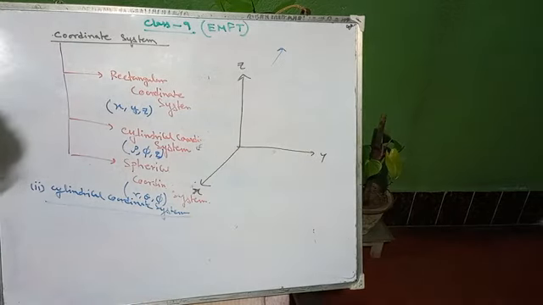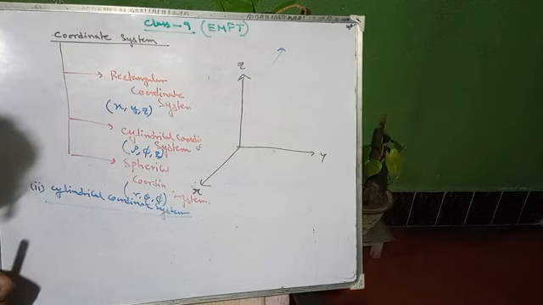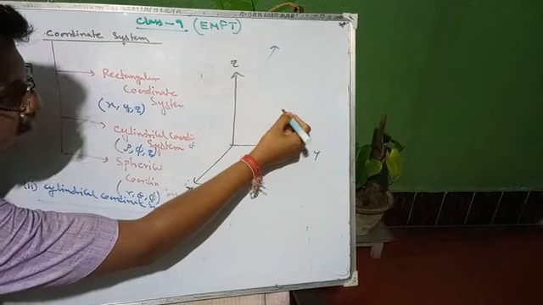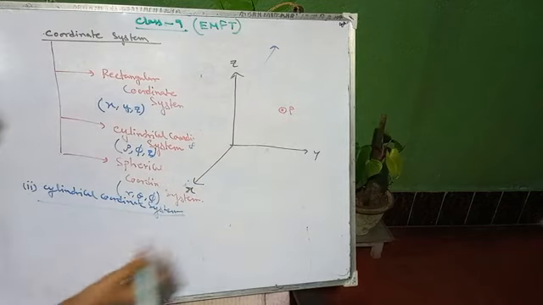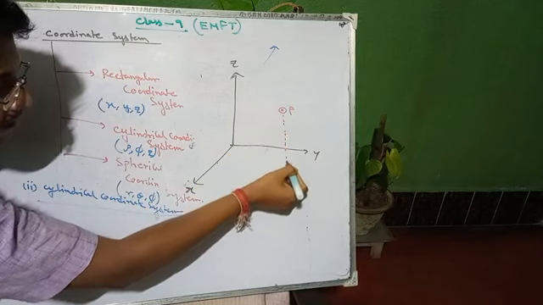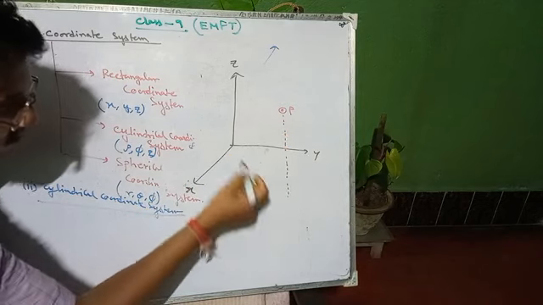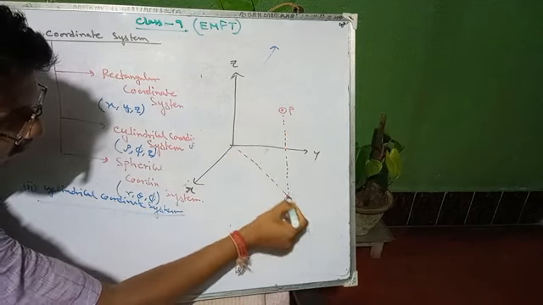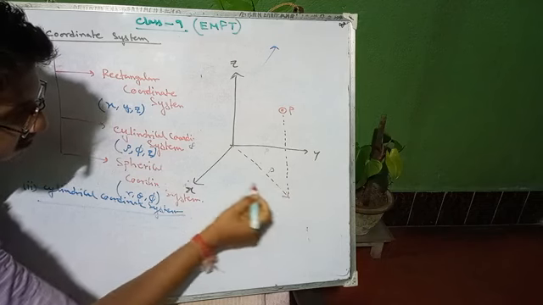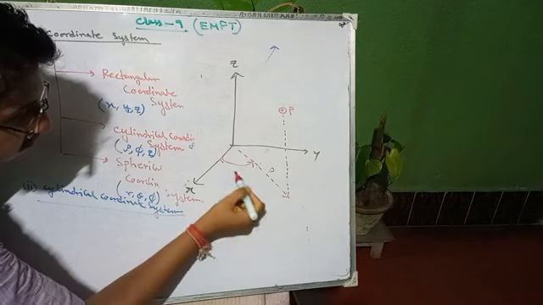Okay, so you consider a point P over here. So how to locate? We have to make a projection over here first, then the distance from here. So this is your rho, right? This distance is rho, and this is your phi.